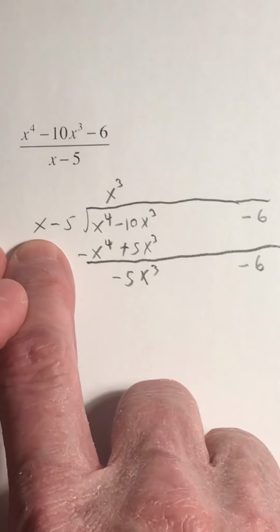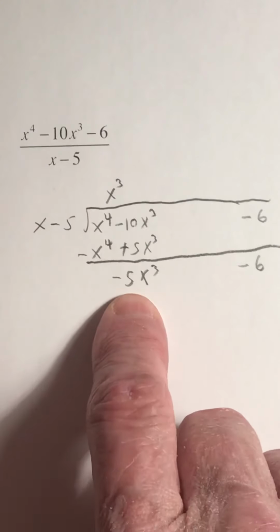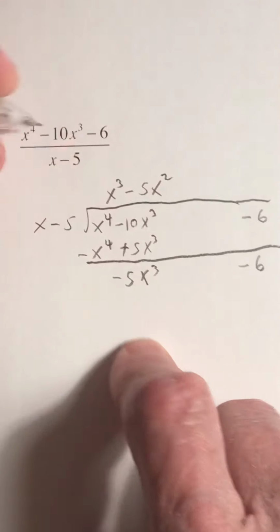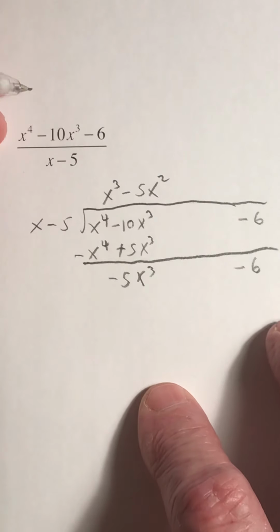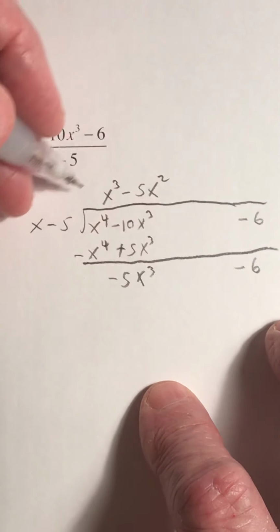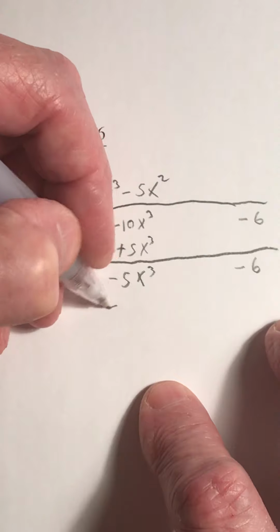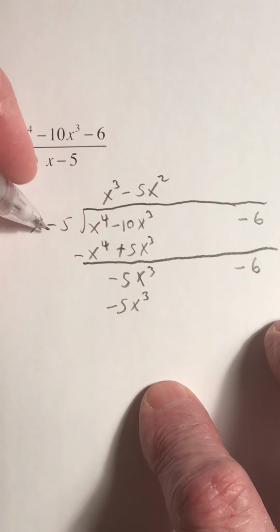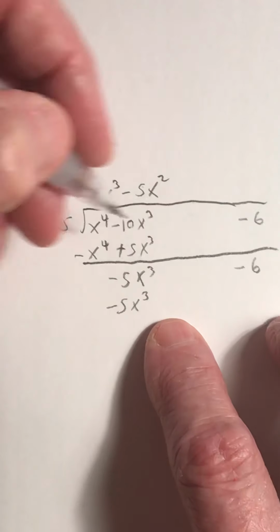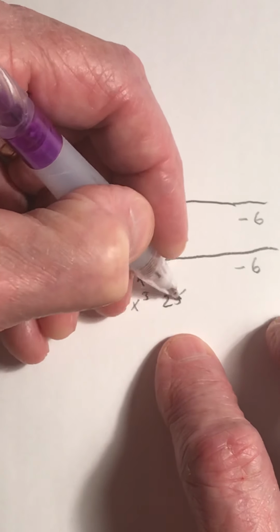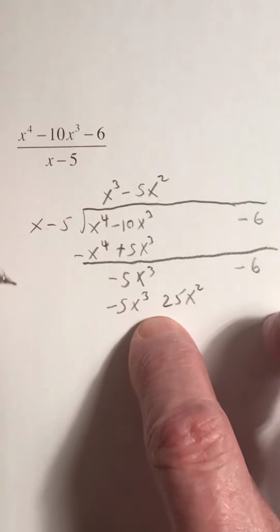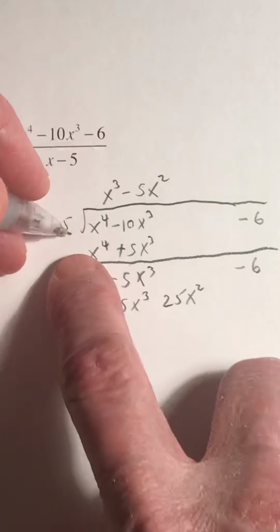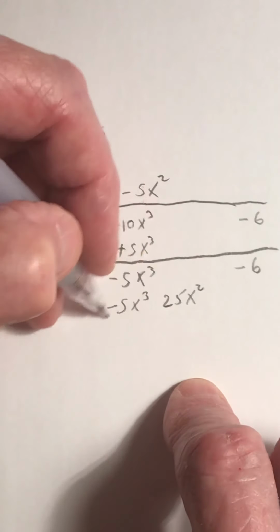What do we multiply x by to get minus 5x to the third? Minus 5x squared. Minus 5x squared times x, that's minus 5x cubed. And then minus 5x squared times minus 5, we get plus 25x squared. I'm not going to bother writing the plus sign because we're going to change it in a second anyhow, right? But I get plus 25x squared right there.